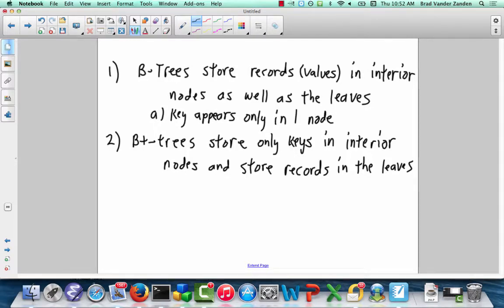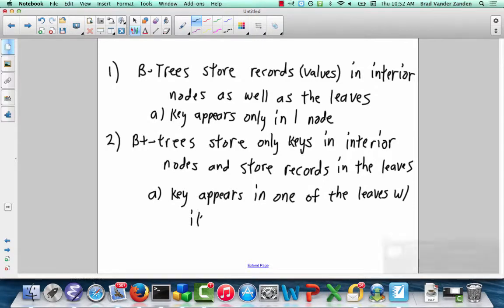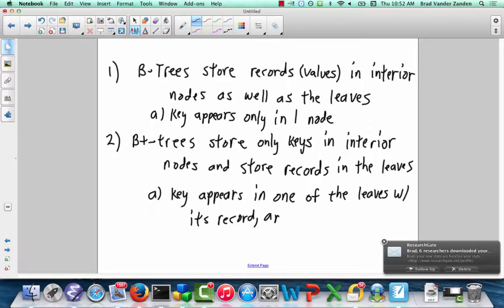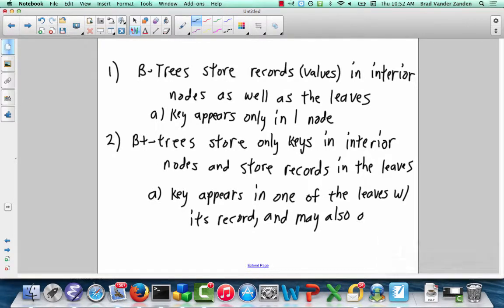In a B plus tree, the key may appear in one of the leaves with its record, and may also occur in one interior node.